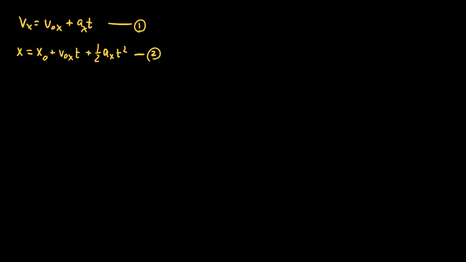As I just said, we're going to take equation 1 and solve it first for time. So t equals vx minus v naught x divided by ax. And now we're going to substitute that expression for time into the two places in equation number 2 where we see t.